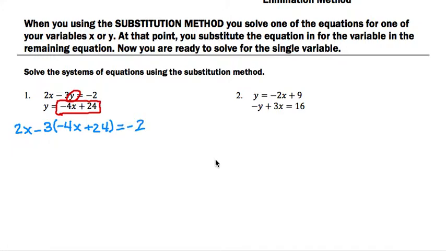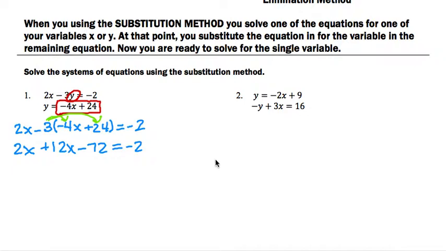So now we have created an equation that we will be able to solve for x. So to start solving this, we're going to need to distribute 3 to here and to here. So when we do that, we find out that 2x plus 12x minus 72 is equal to negative 2.